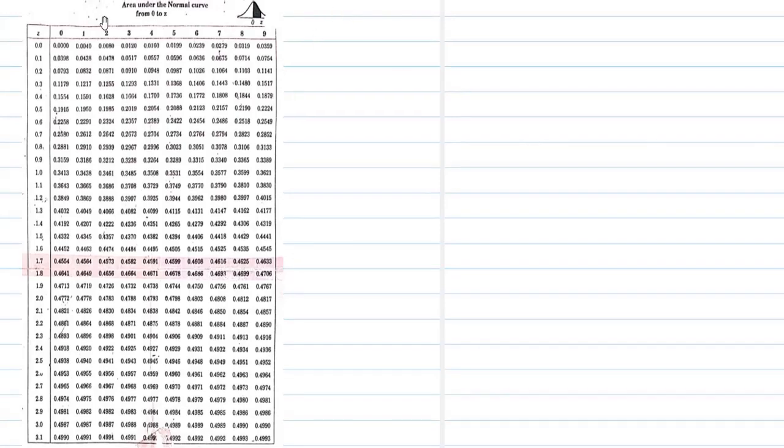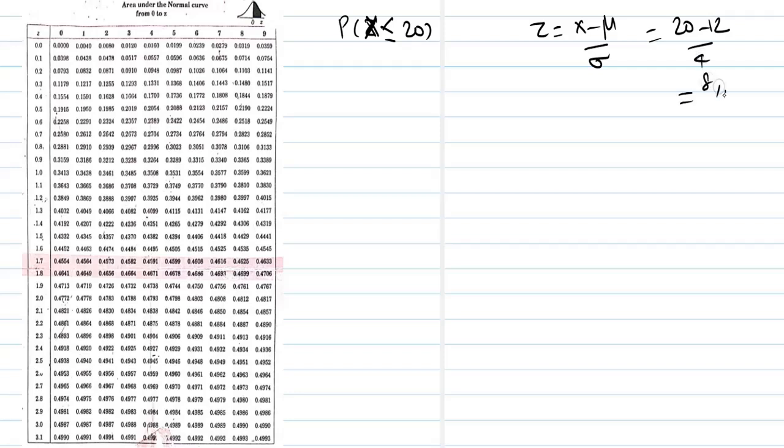We want the probability of x less than or equal to 20. Now this problem in x, let us convert it into z. Z is x minus mu divided by sigma. So it is 20 minus 12 divided by 4. So it is again 8 by 4, which is going to be equal to 2. But what happens here? It is z less than or equal to 2.